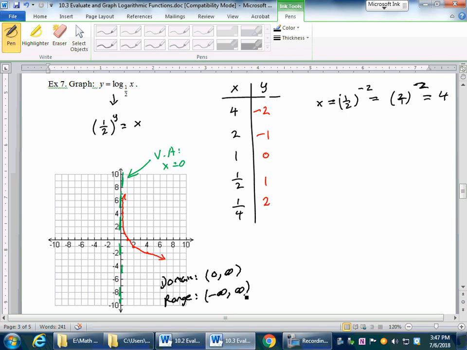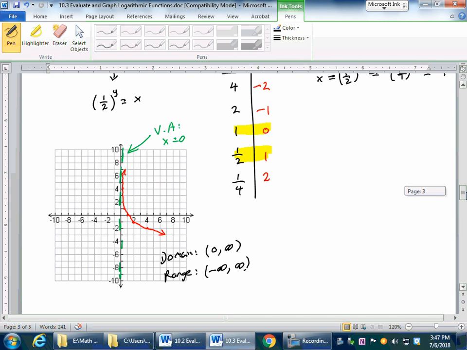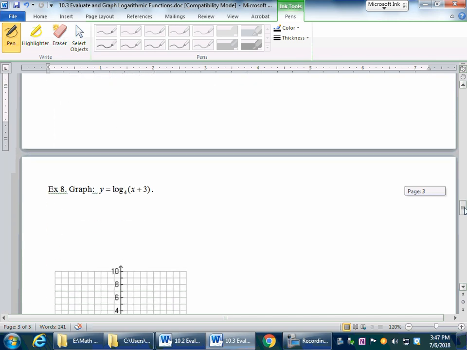So now the next example, what we're going to do is use these parent graphs to do the transformations. The key is I'm going to use these 2 points, the ones that I highlighted earlier, to get the shape of the parent graph quickly and then do the transformation.